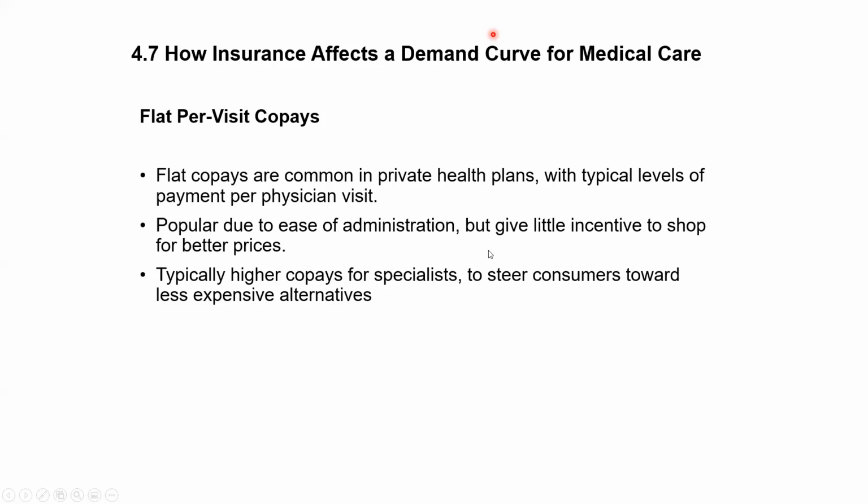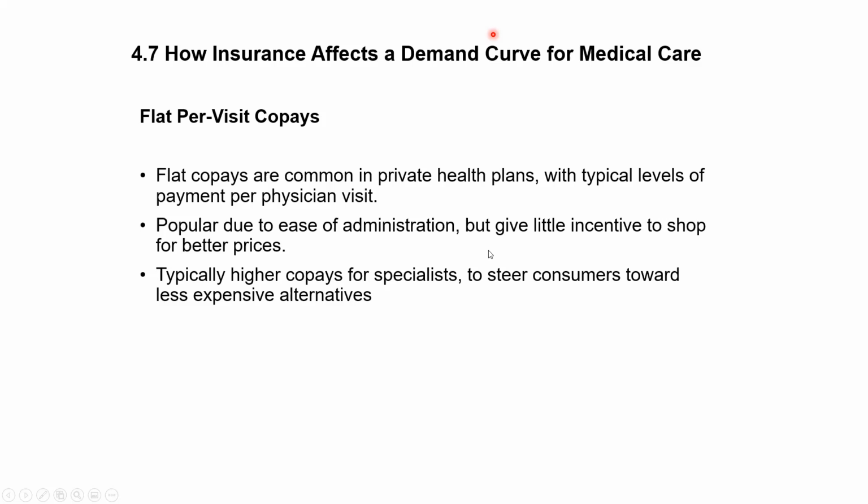And lastly, what we call a fixed consumer copay, where the patient or the insured consumer will just pay a certain amount of money for a given service that they access. So all of this, especially the last one, where you have a fixed amount of payment to pay.